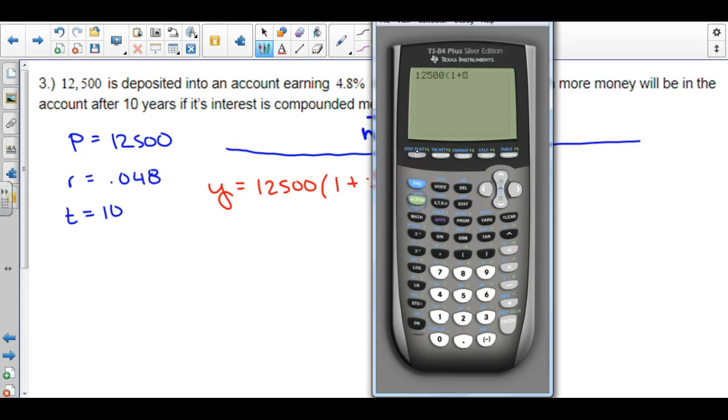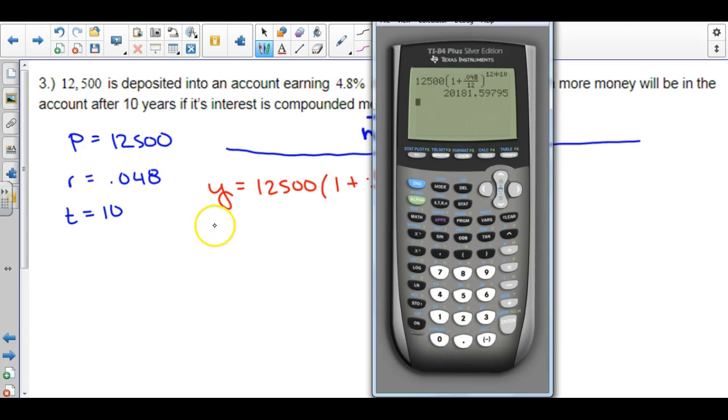What I can do is hit alpha and then y equals, and it's going to allow me to enter a fraction. So this is where I'll put in my 0.048 over 12. Again, representing that that's monthly. If I hit the right arrow, I can close that off and then do this to the power of 12 times 10, which I can just enter like this. I could do 12 with the 10 in parentheses.